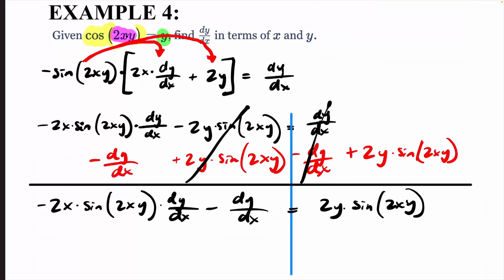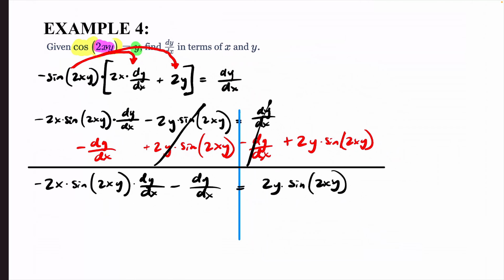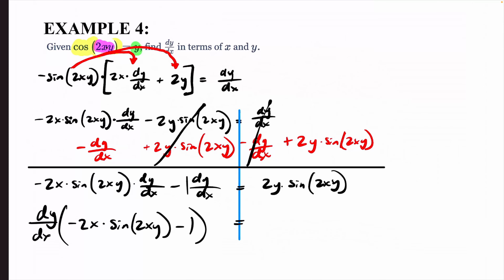Factor out a dy dx, right? There is a 1 there. So if I factor out a dy over dx, that's going to be negative 2x times sine of 2xy minus 1 equals 2y sine of 2xy.